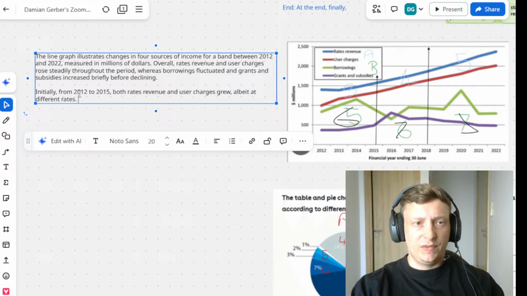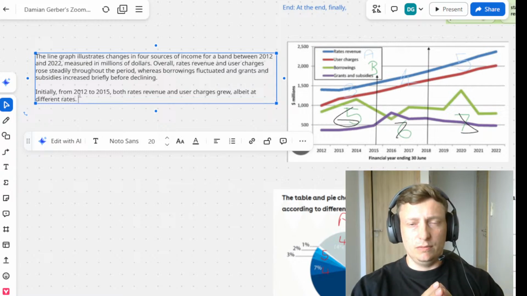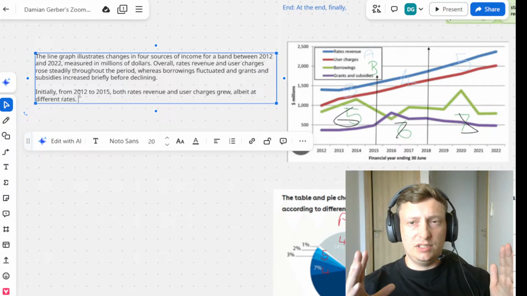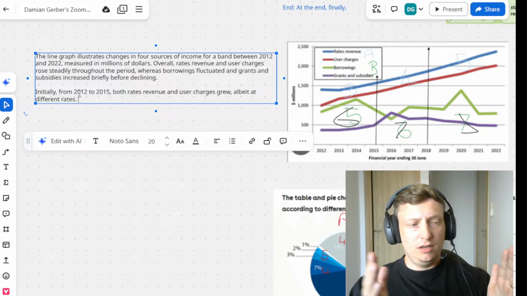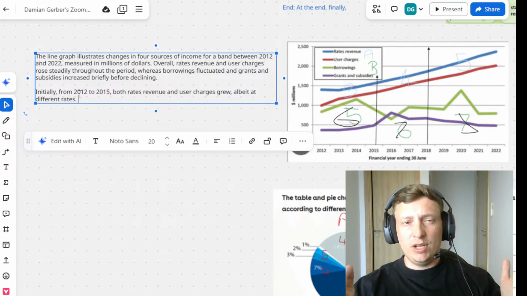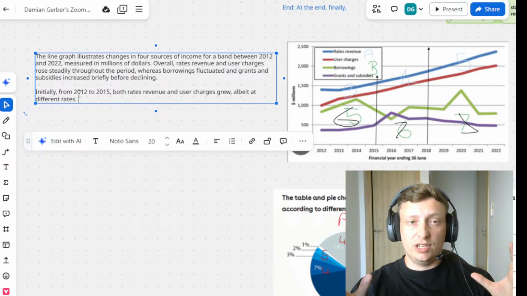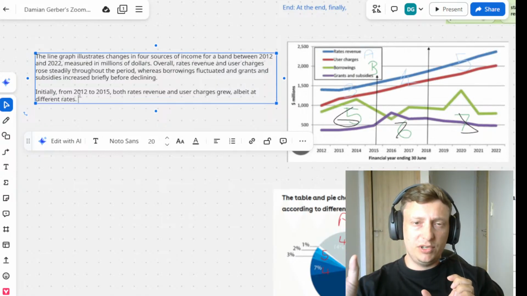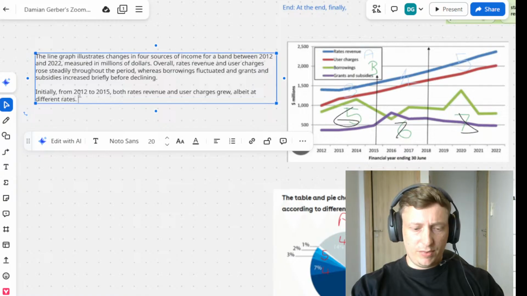Okay, so we've got our statement. Just to give you a quick recap of last lesson, every sentence needs to have 3 parts to it. Subordinate clause, aka linking word, statement describing the change that is happening, and then data. This is going to be your years and your numbers, in this case millions of dollars. So let's describe them. So we'll go with rates revenue first.